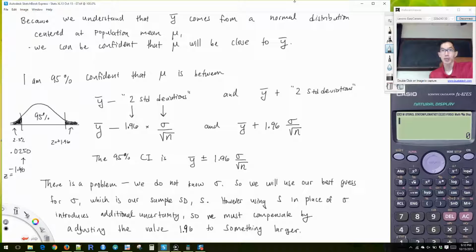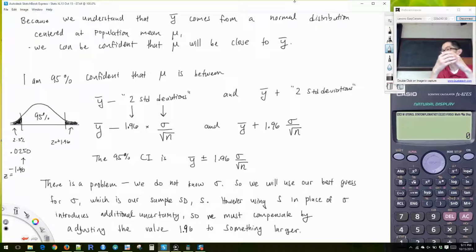But basically, if my sample is large, I can be more confident that this sample will give me a standard deviation that's pretty close to the population standard deviation. If I have a tiny sample, if I only have like 4 people in my sample, there's a big chance that the standard deviation is not super close to the population standard deviation.